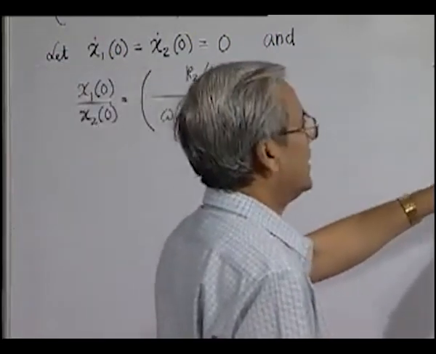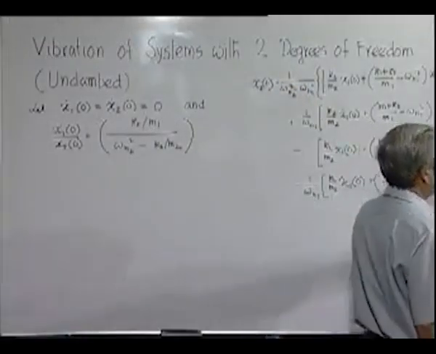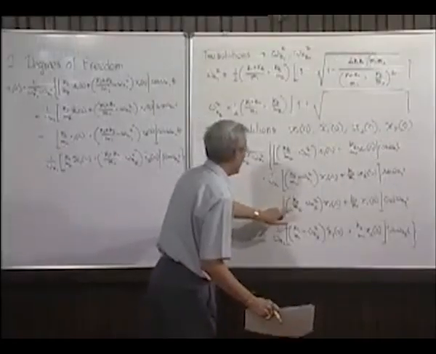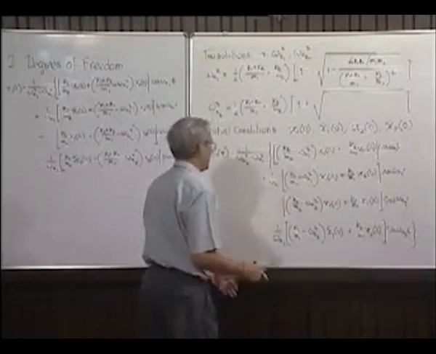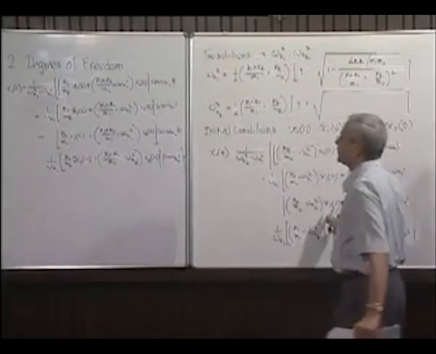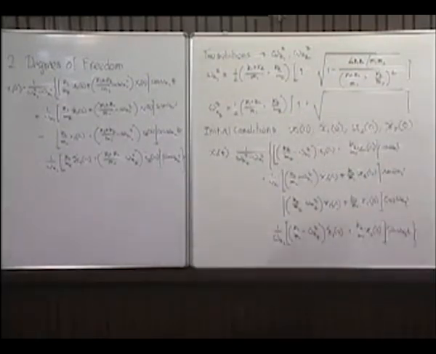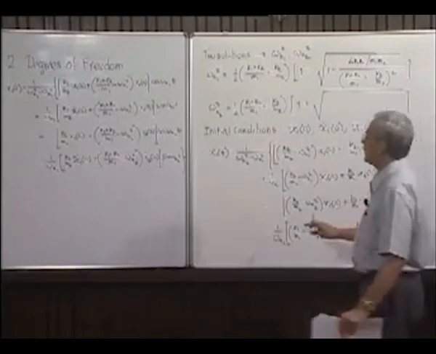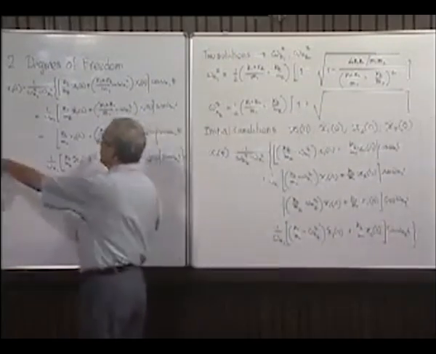So all these quantities are known. Omega n2 we have already found out, k2, k1, m1, everything is known. So this quantity is obviously a known quantity. If we keep our initial displacements in this ratio, then what is going to happen?